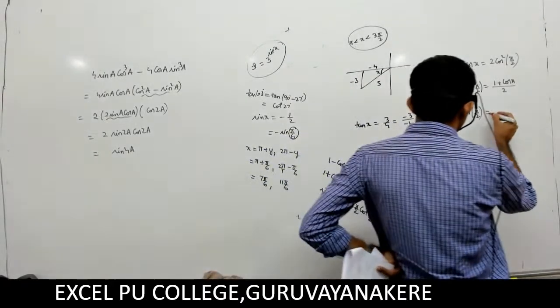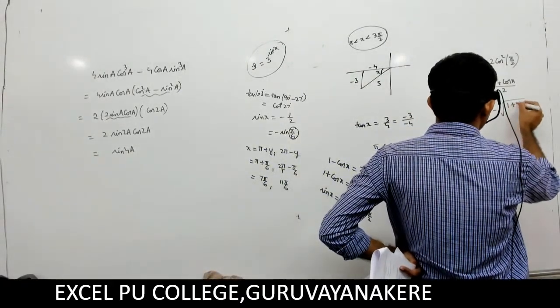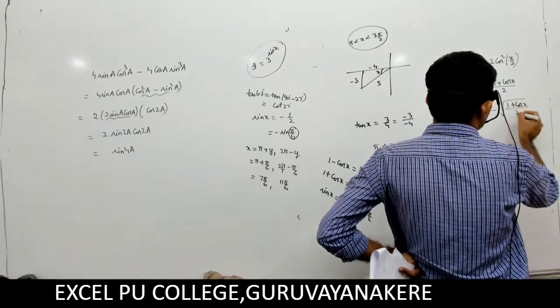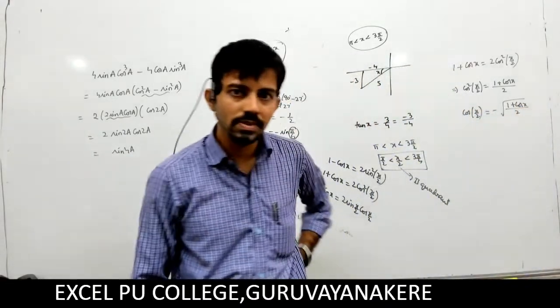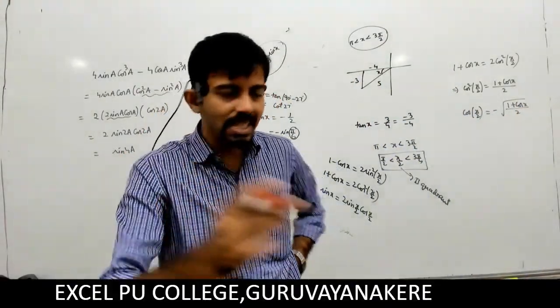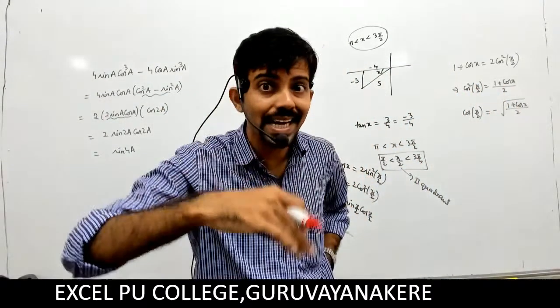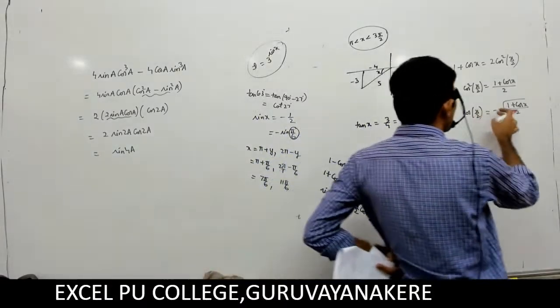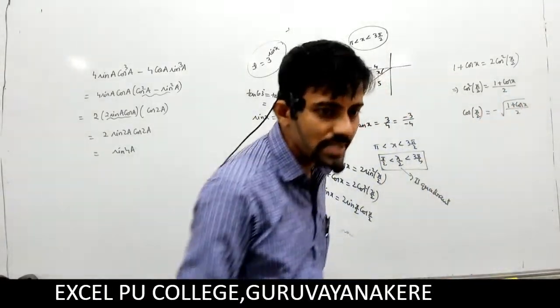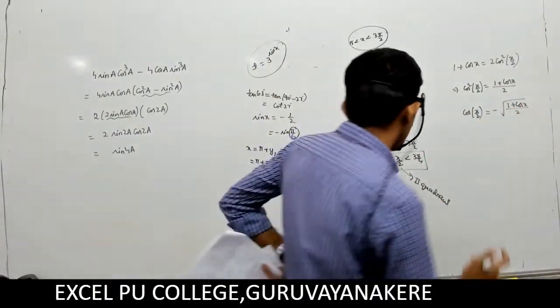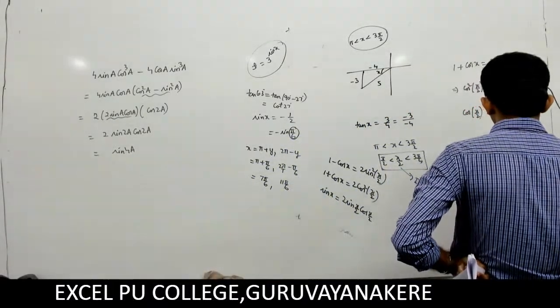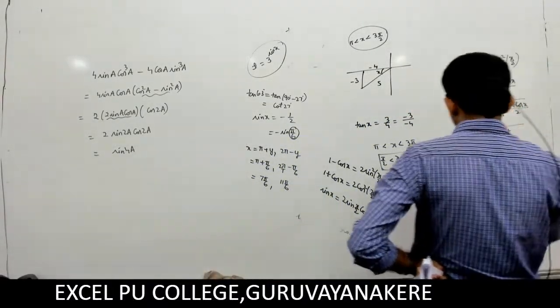So cos x by 2 is minus root of 1 plus cos x divided by 2. When you take the square root, take plus or minus. I won't take the positive square root, I take the negative square root. That is what you get. Minus root of 1 plus, what is cos x?